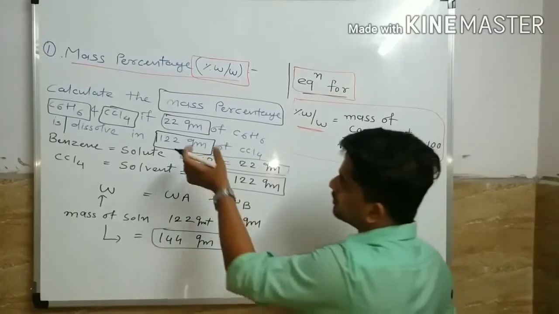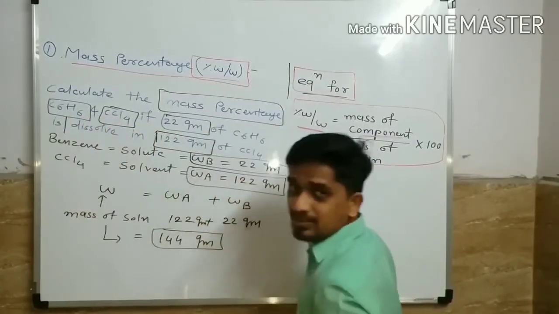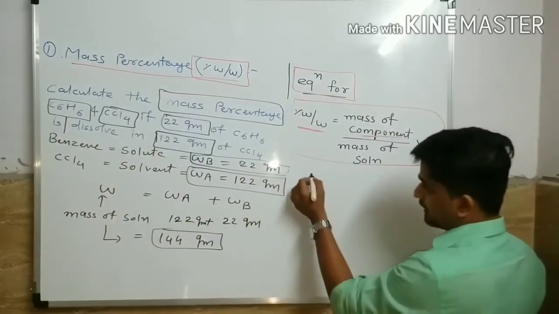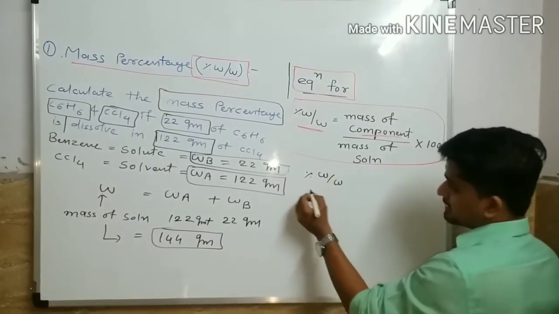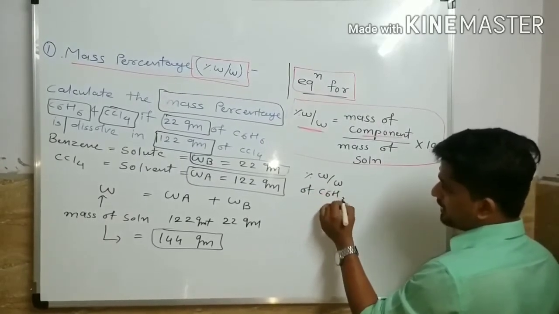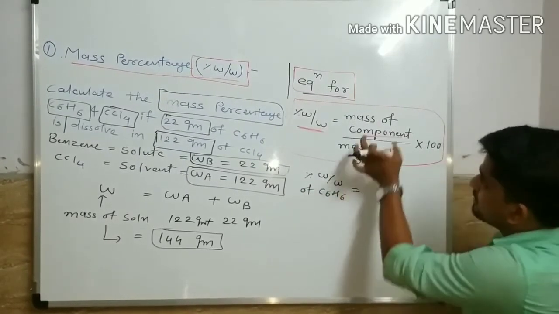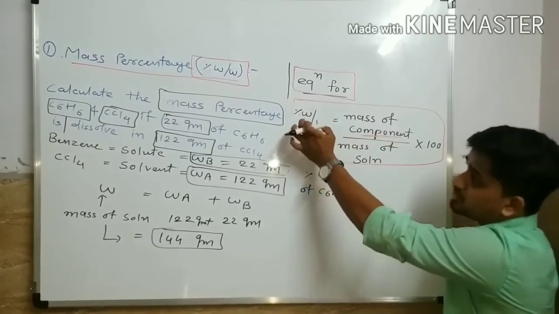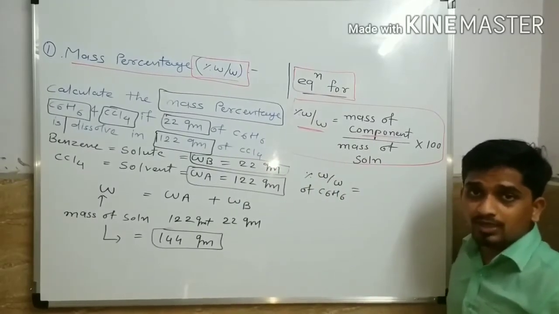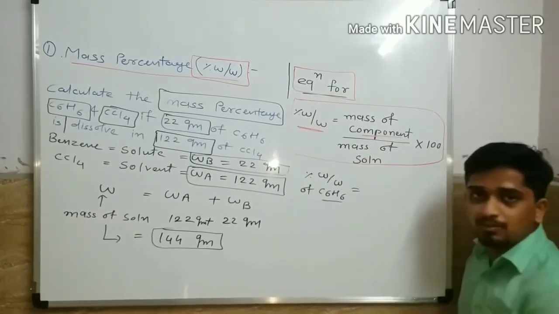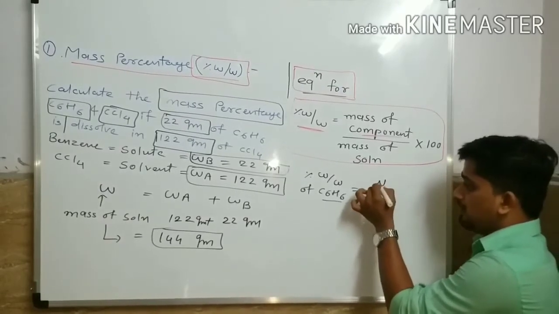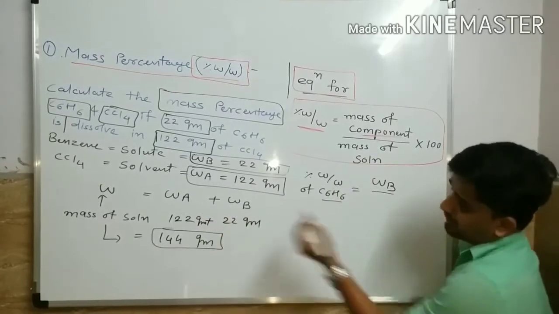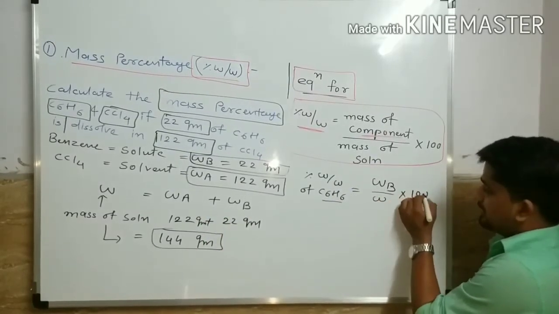First we are going to calculate mass percentage for benzene, which is our solute. Therefore we are going to find percentage of W by W of benzene. So the equation is mass of a component, which component? That component whose percentage of W by W we have to calculate. So here benzene is the component. Therefore here mass of the component is WB upon mass of the solution W into 100.